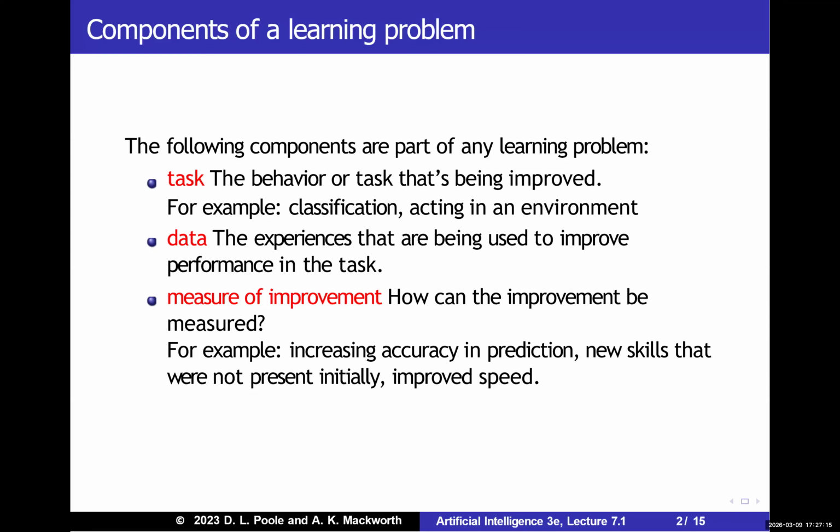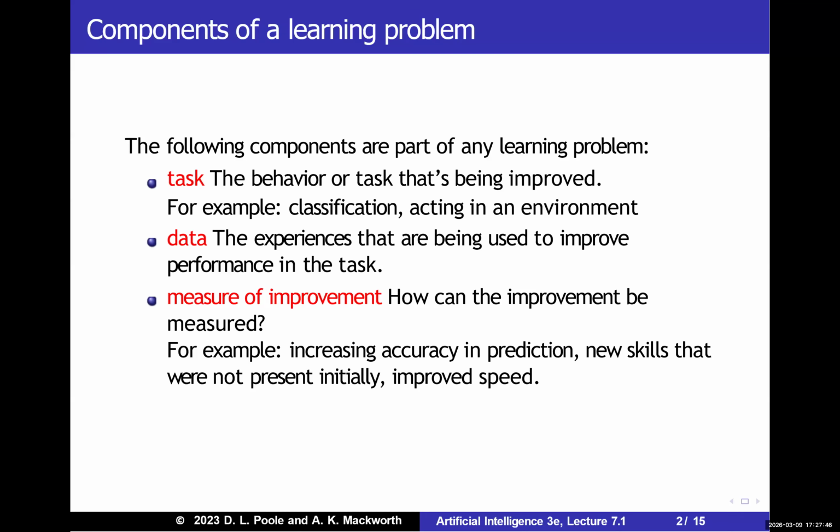The second component is the data, which represents the experience the system learns from. Machine learning models do not invent knowledge on their own. They learn patterns from examples. In cybersecurity, those examples might include labeled malware samples, historical phishing emails, or network traffic logs that have been categorized as normal or malicious.